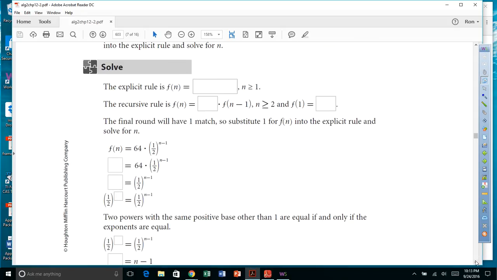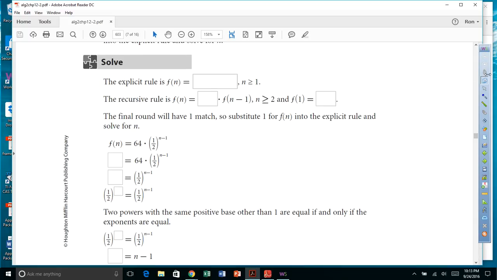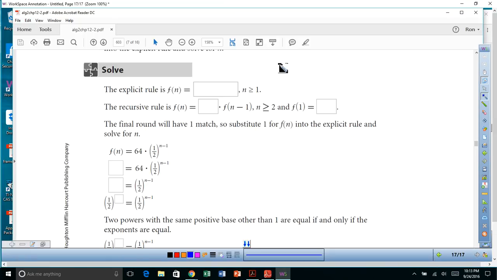Solve. The explicit rule is, well, what is our A? Our initial value, that was 64. What is our R? Well, that's 1/2. So we're going to have 64 times 1/2 to the N minus 1, for N greater than or equal to 1.